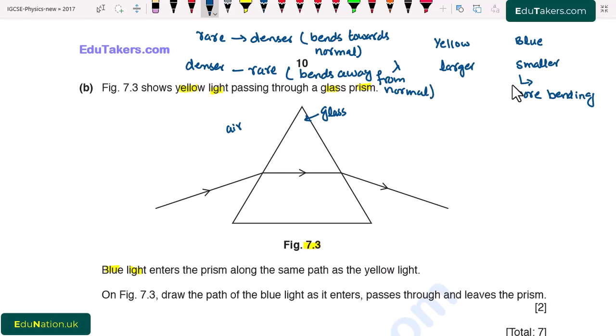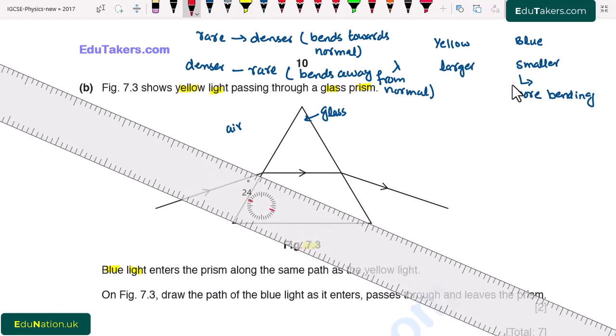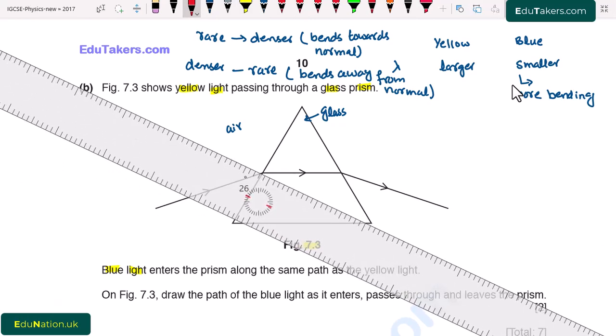So using this concept, I am going to draw these rays. First of all, I draw a normal. So it is the normal to the surface of the prism.